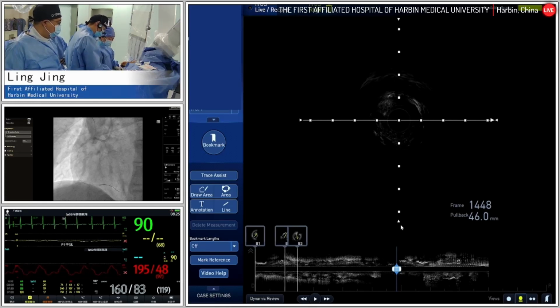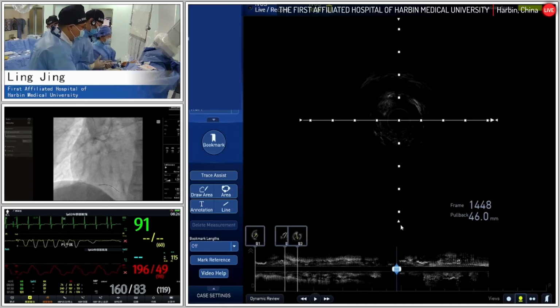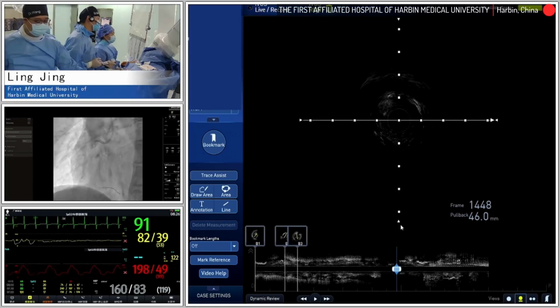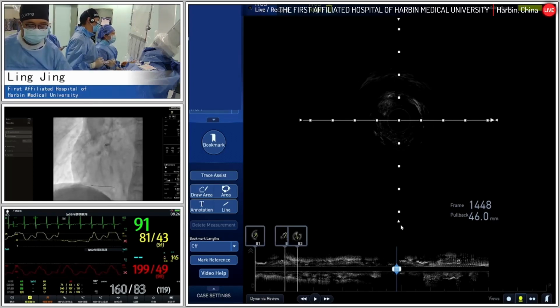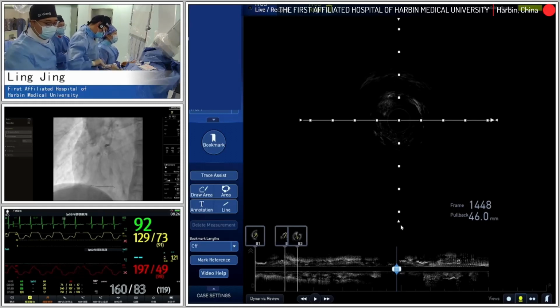Okay, we come back to the question from the audience about our choice of microcatheter. We know that the microcatheter is of key importance in the antegrade as well as the retrograde approach. Nowadays, microcatheter application in CTO procedures has multiple uses.